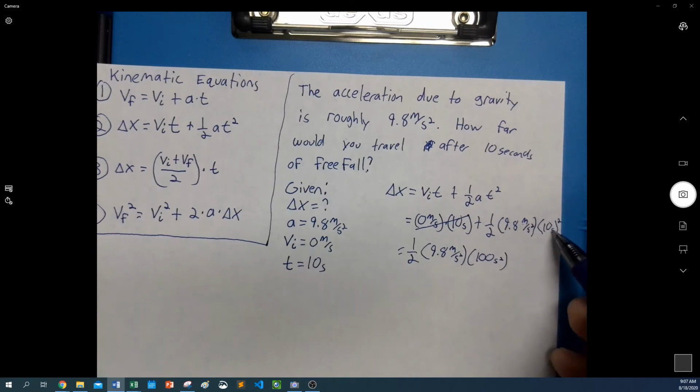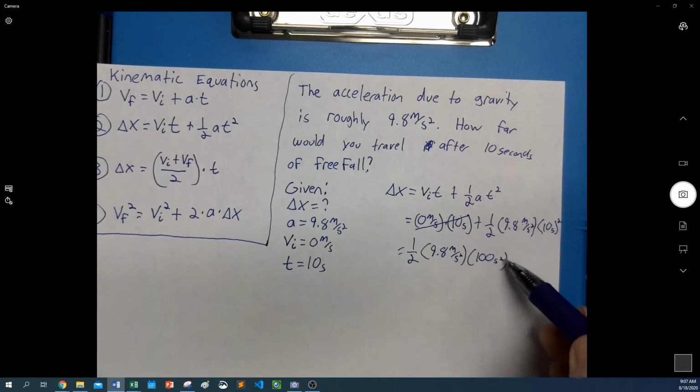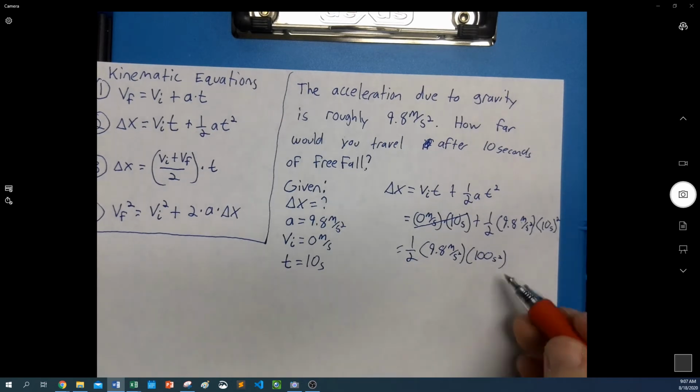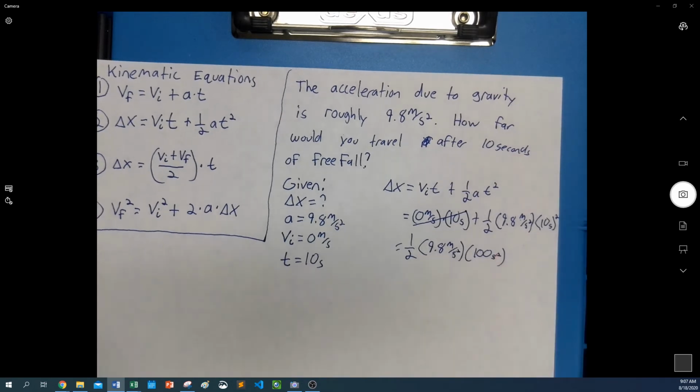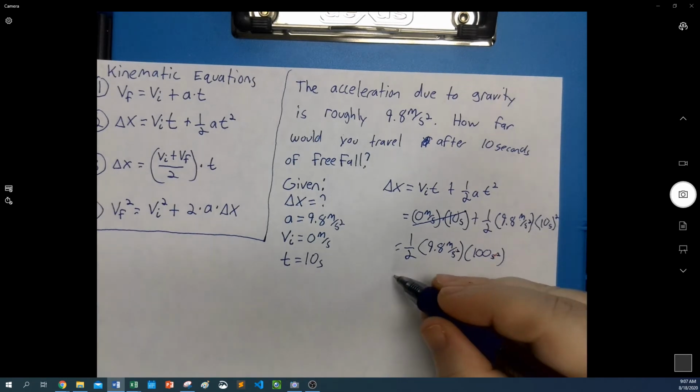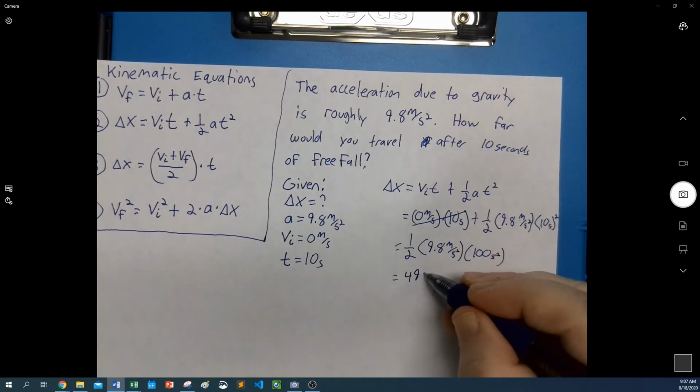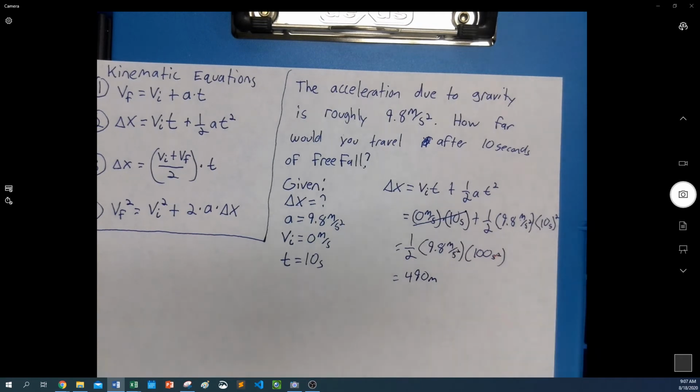So 10 seconds times 10 seconds is 100 seconds squared. The seconds squared will cancel each other out, leaving us with just meters. So that's 490 meters. So if you were to jump out of an airplane, you'd go almost 1/2 kilometer in 10 seconds.